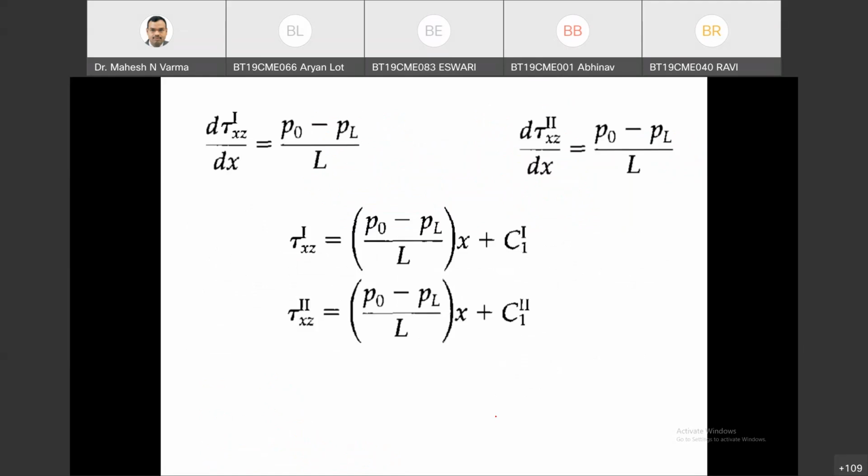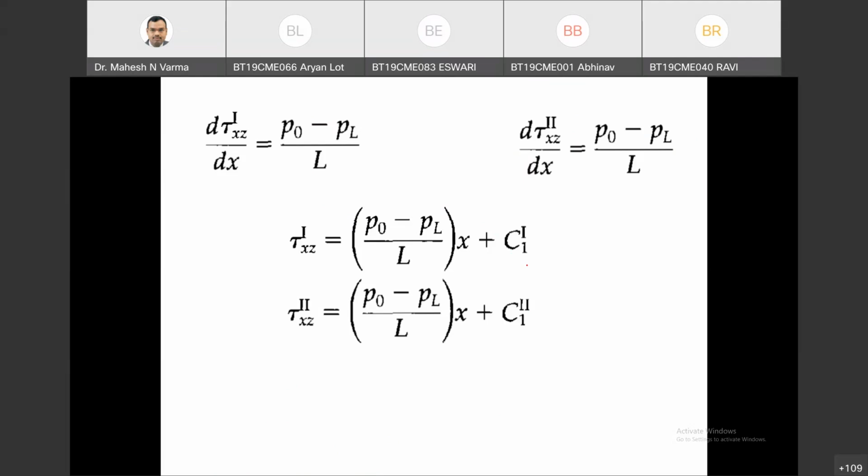Because I have only one boundary condition, I can eliminate one constant from these two constants. To eliminate two constants, I would need two flux boundary conditions. But as I have only one, I can eliminate one constant in the flux profile equation.